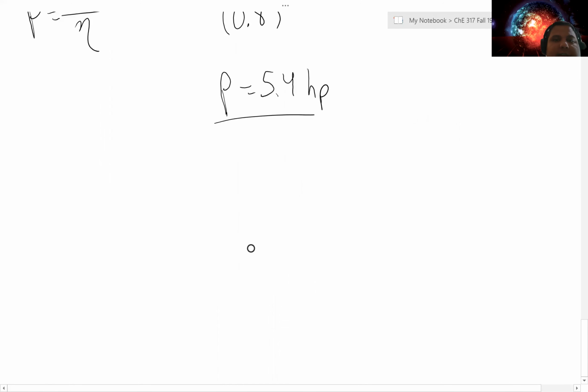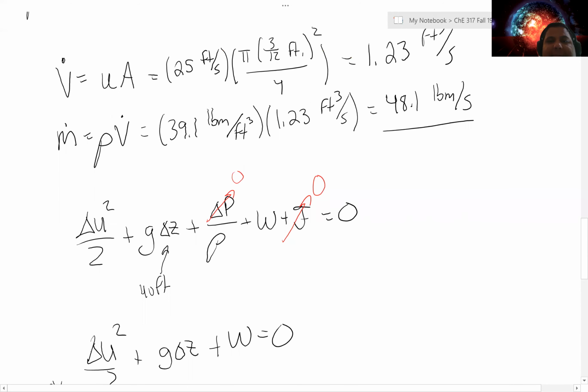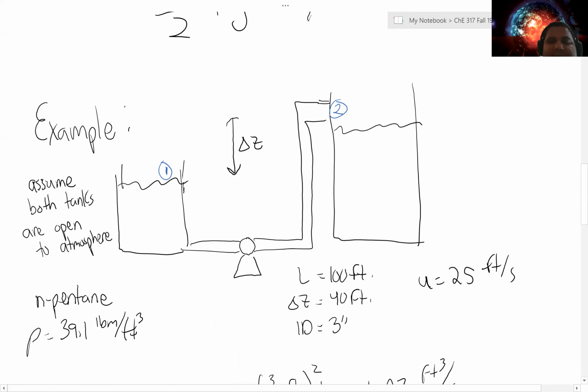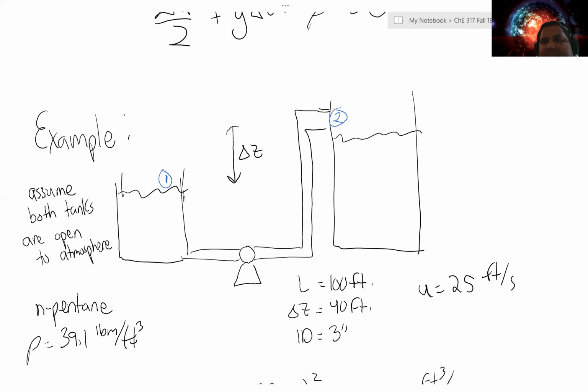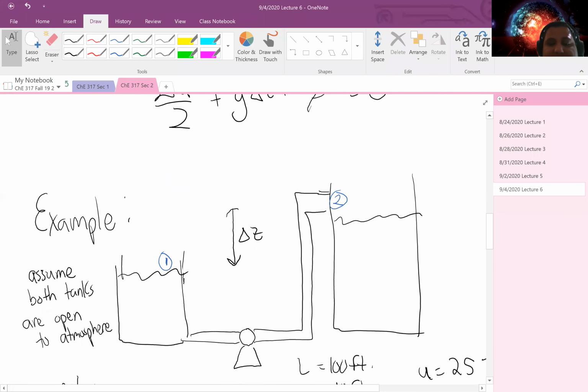All right, now the last part of the problem asks to calculate the pressure at the pump outlet. So what we're looking for now is the pressure at a new point, which I will then define as point 3.